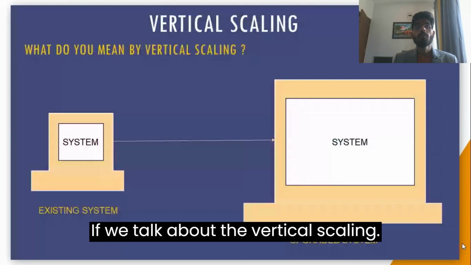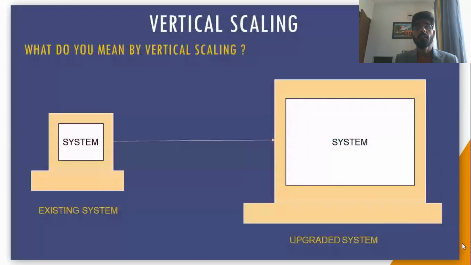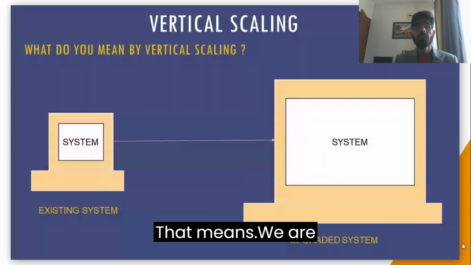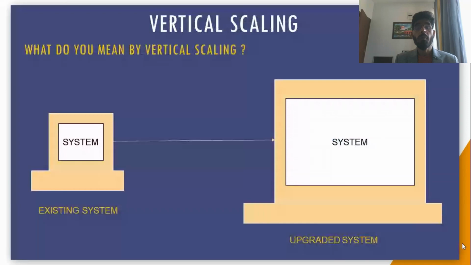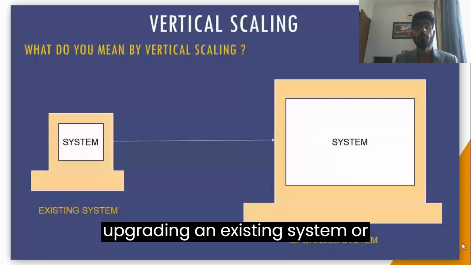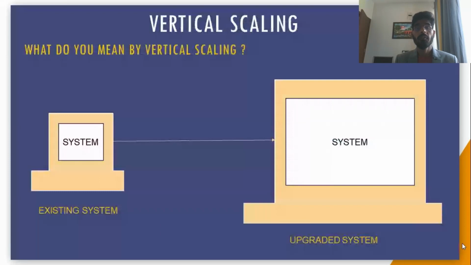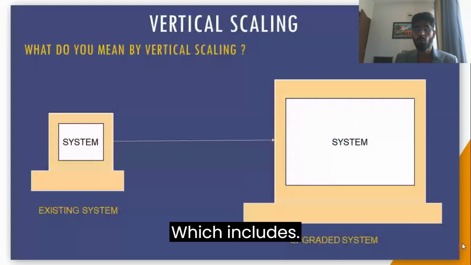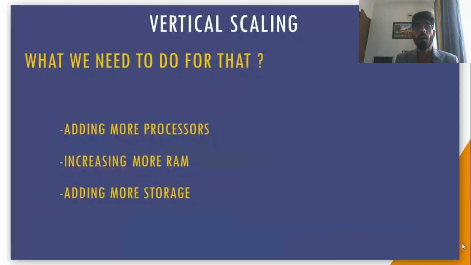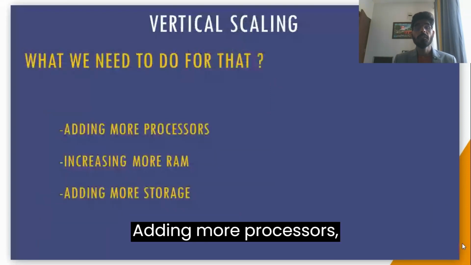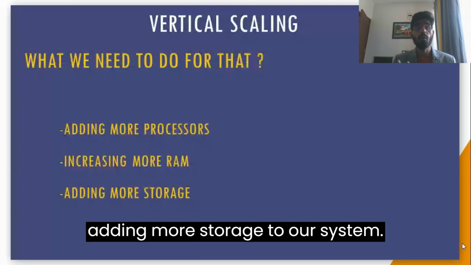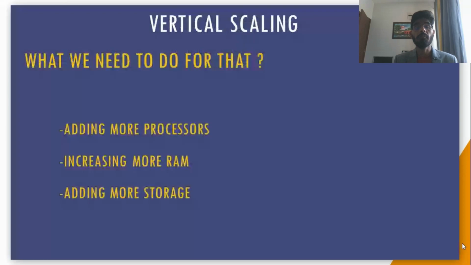If we talk about vertical scaling, that means we are upgrading an existing or older system into a bigger one, which includes adding more processors, increasing RAM, and adding more storage to our system.